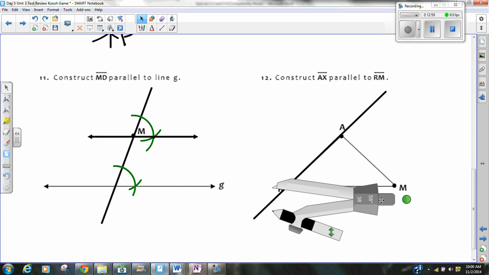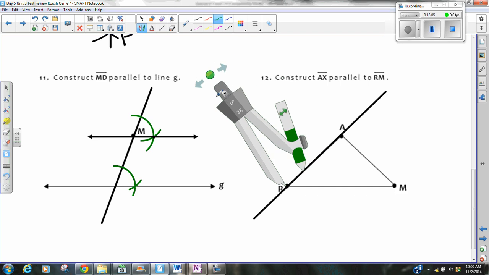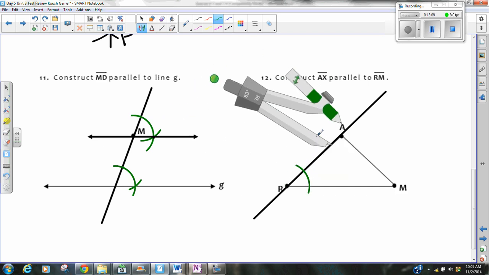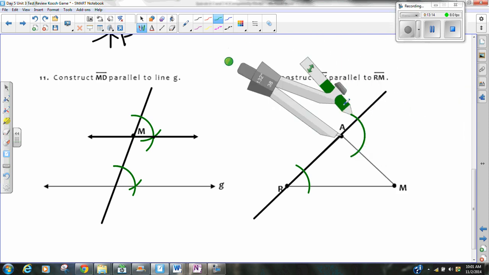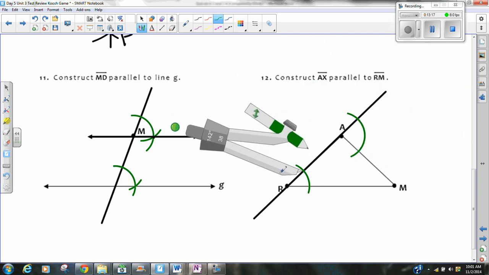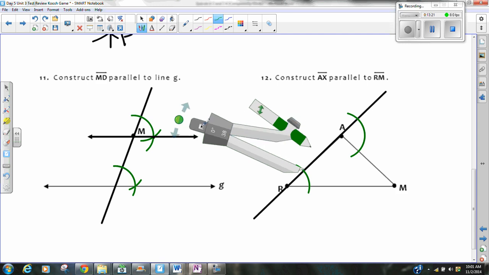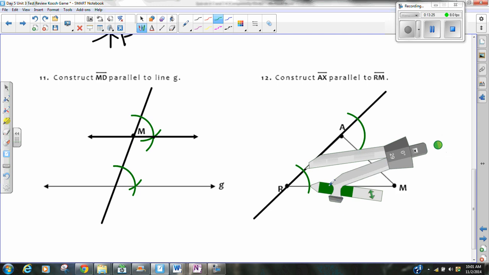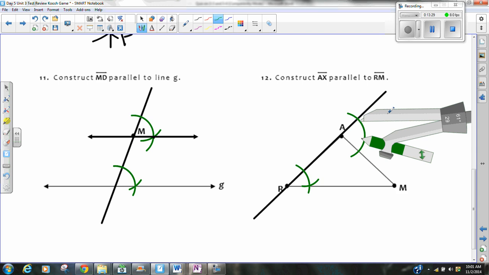You're going to come down here, measure your arc, measure your angle by making an arc, and come up and do the same thing at point A. Then we're going to measure the distance that angle is from arc connection to arc connection right here. And then I'm going to go up here and do the same thing.